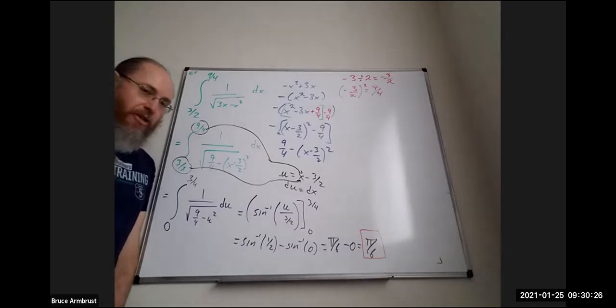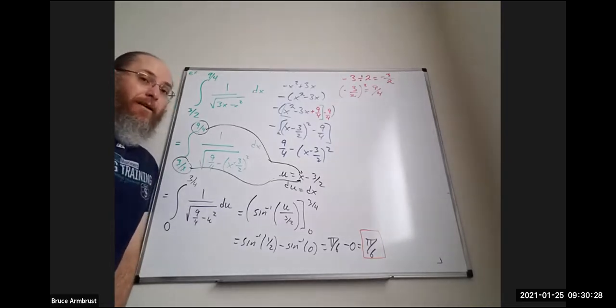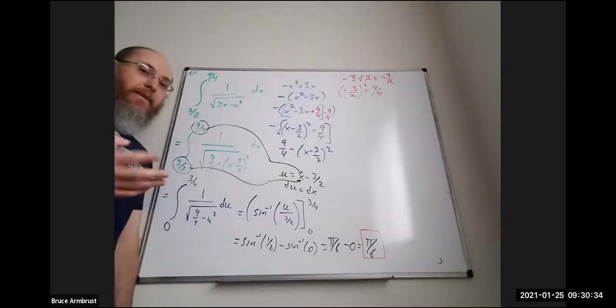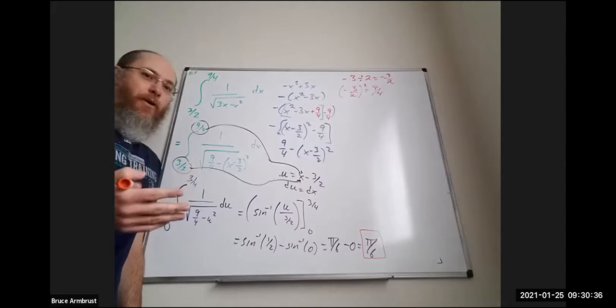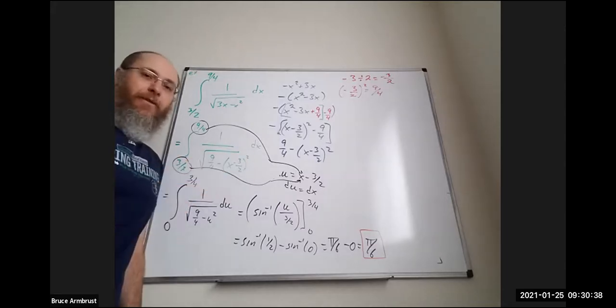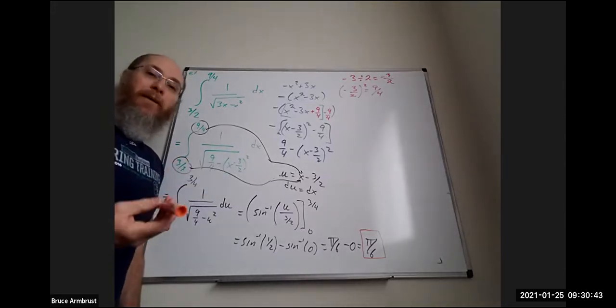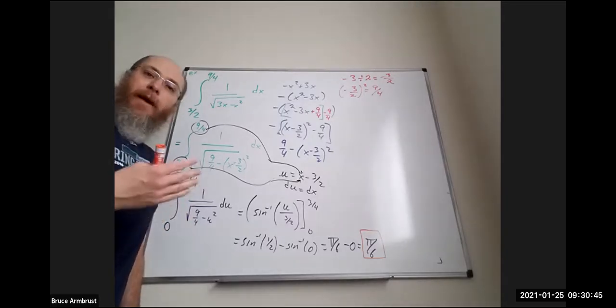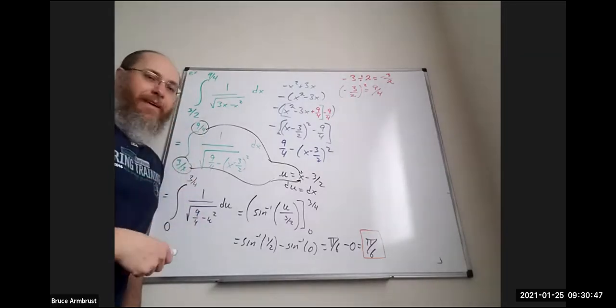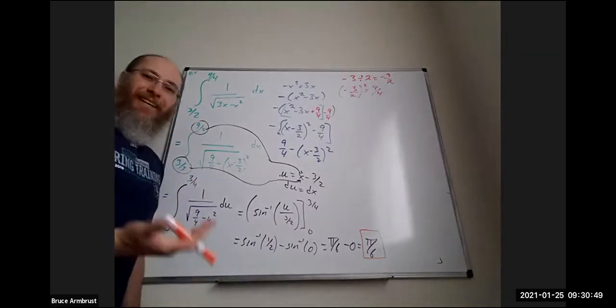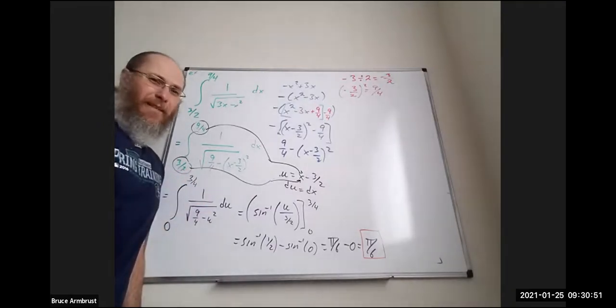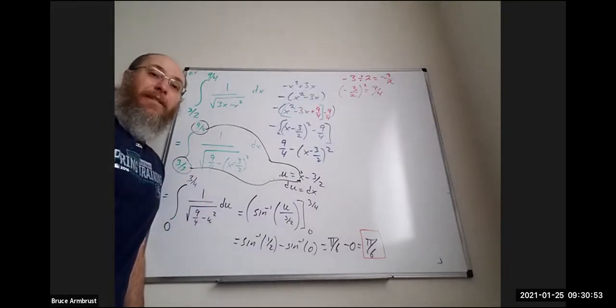All right, but there's no way we would have gotten there without completing the square. So go back and look at that one from the homework. You guys can go back and look at it or review the video. I don't remember exactly what it was, but we ended up getting in the denominator a square root of, it was like x squared plus 4x or something.